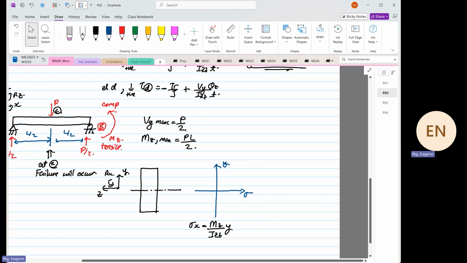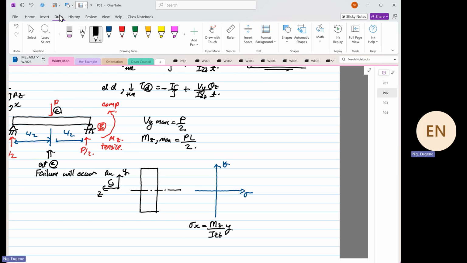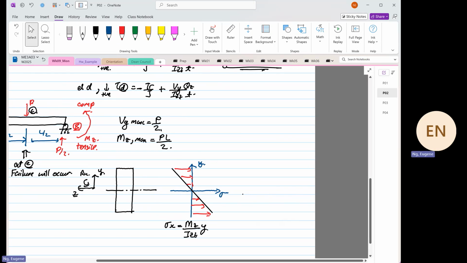Tensile. So when we sketch this out, it looks like this. Over here at the top is in compression, and the tail end is in tension.